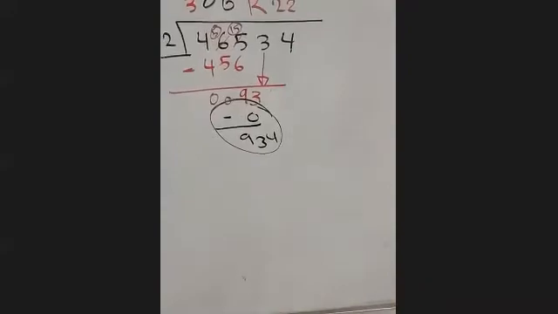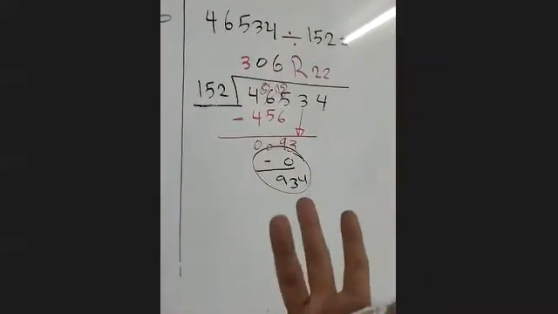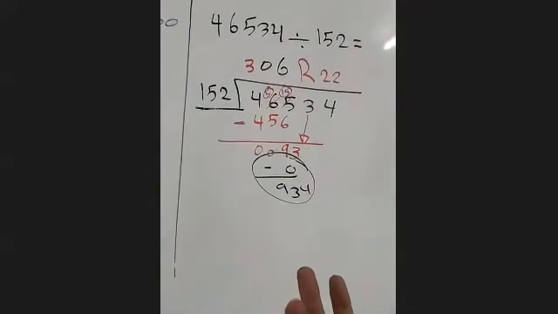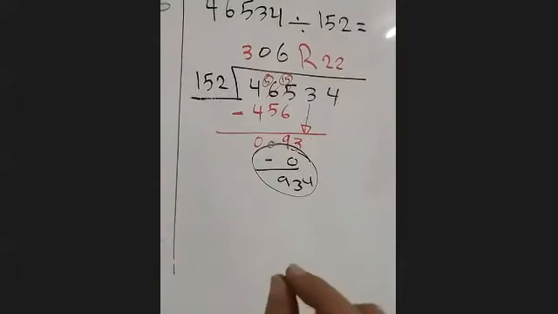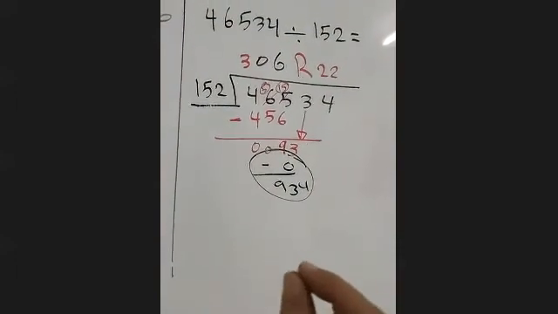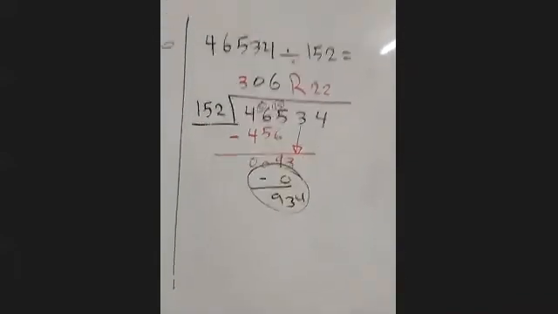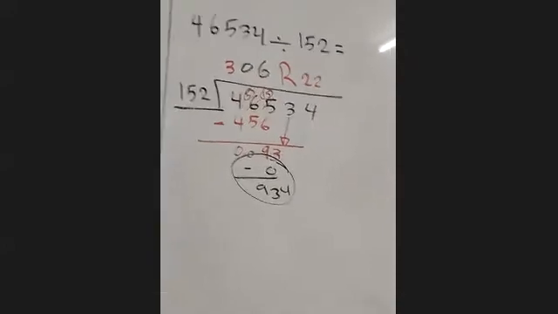Adam, remove your hand. Jalal. Mister, I don't understand. You don't understand what, mister? It's division. Mister, speak in English and tell me exactly what you did not understand. I don't understand the lesson.